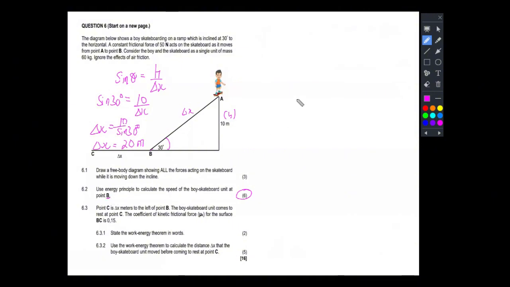Now we have the displacement, and then we are going to opt for the formula, work done by non-conservative force. Then this is a change in EK plus change in EP. But then having to observe our free body diagram that we drew, we know that the only non-conservative force that we have is what? Is the frictional force, right? So Fk is the only non-conservative force.